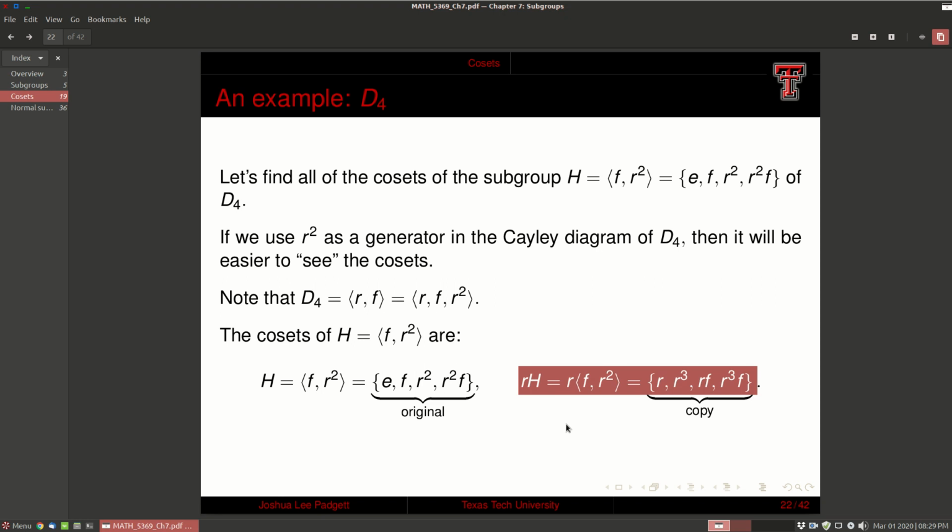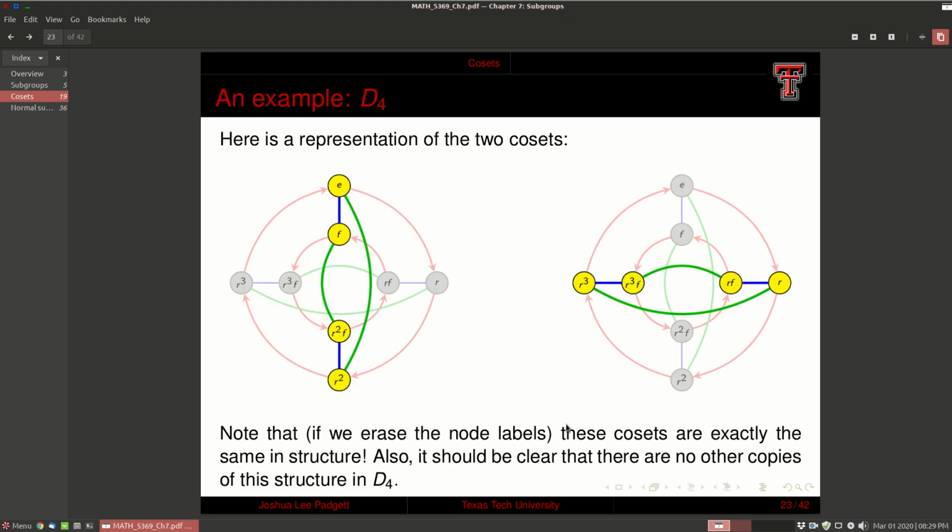All right. Now, the difficult part of cosets is the formality of the language. What you should really be thinking about cosets is always there is a subgroup, and then there are copies or shifts of that subgroup. So what does this represent?